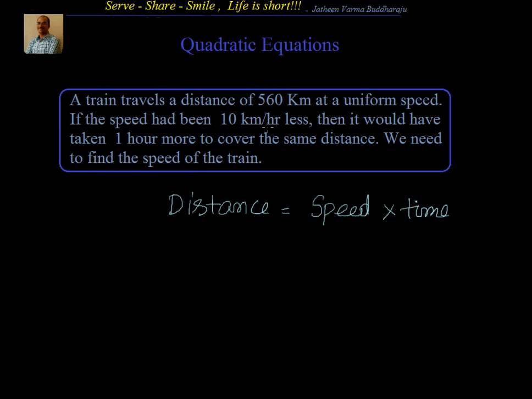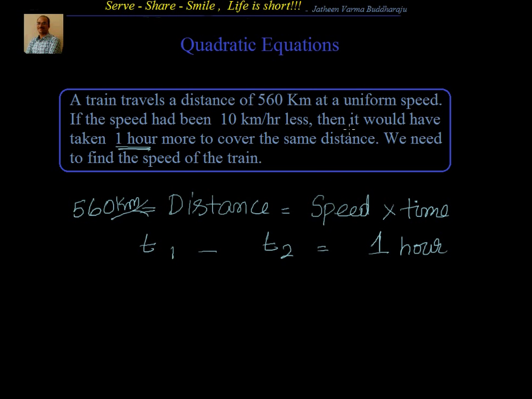If the speed had been 10 kilometers per hour less, it would have taken 1 hour more. So we have to compare the times now, and we have to say t2 minus t1 is equal to 1 hour, because we have been given that the difference in time between both the scenarios is 1 hour. And we know the distance is nothing but 560 kilometers.